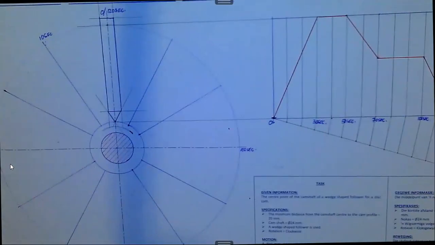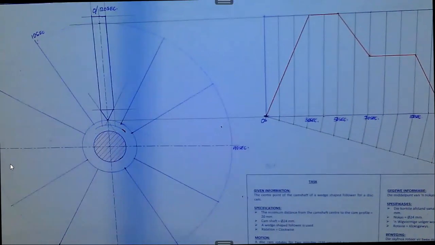So we have got something like this in terms of our displacement graph.